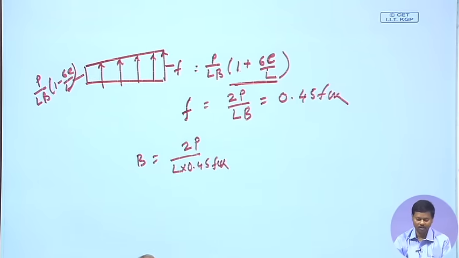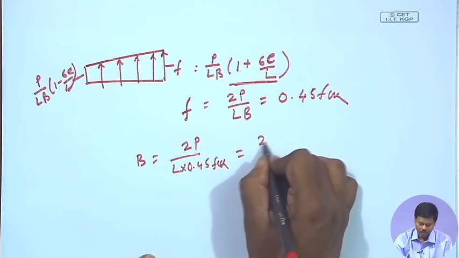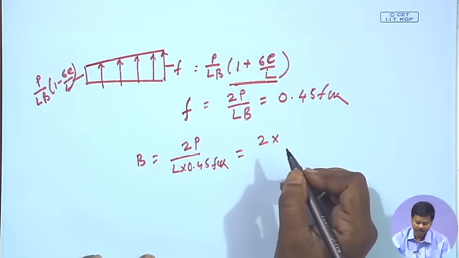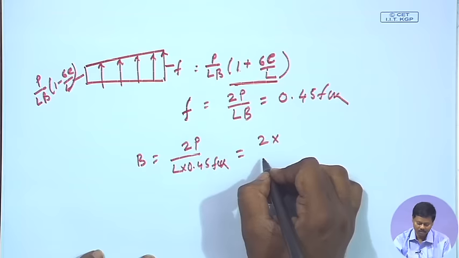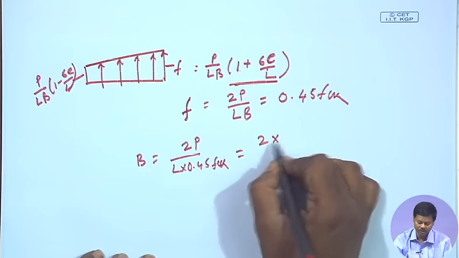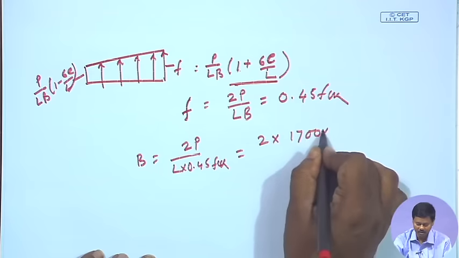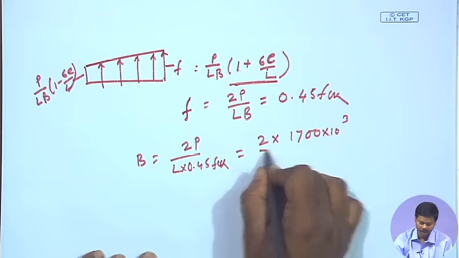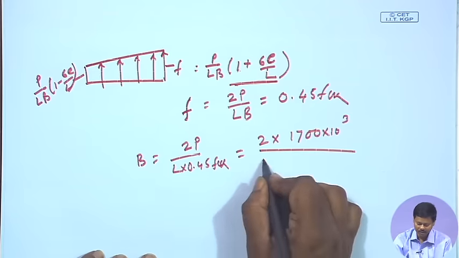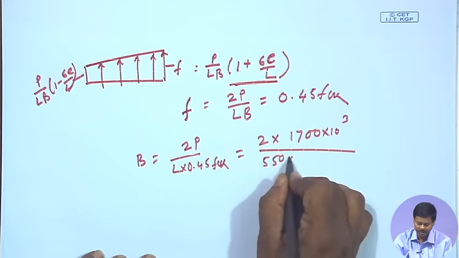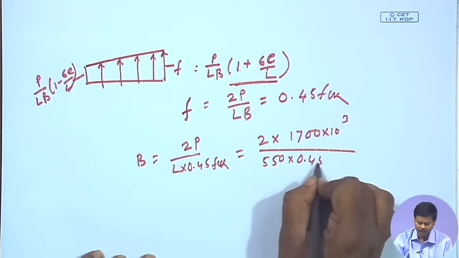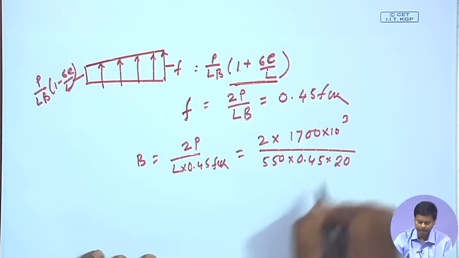If we put those values, we can find out the approximate value of B: 2 into P, considered 1700 into 10 cube, and the length was assumed as 550 and 0.45 FCK was 20.